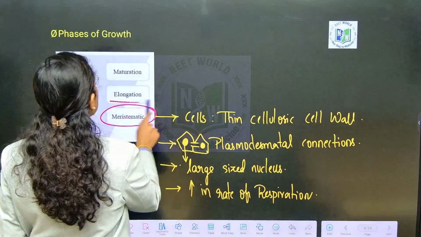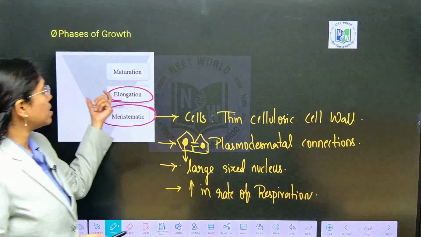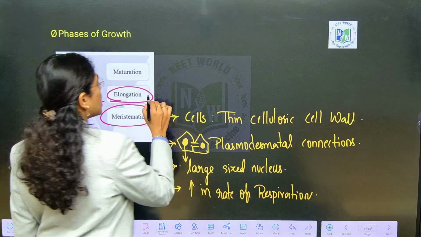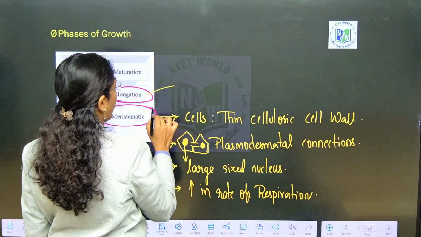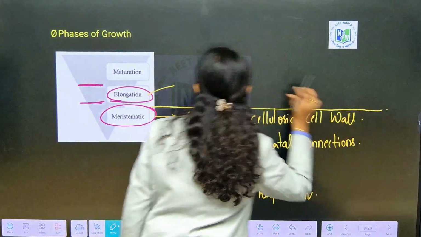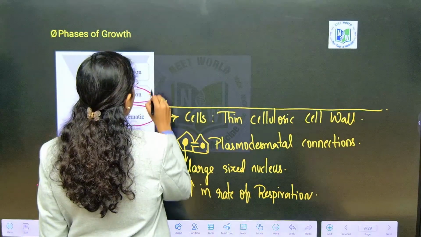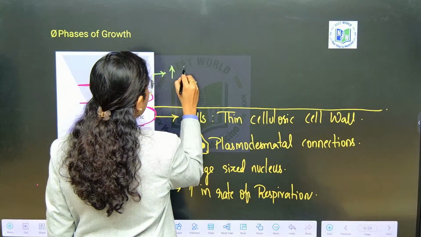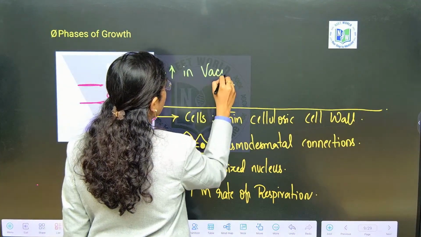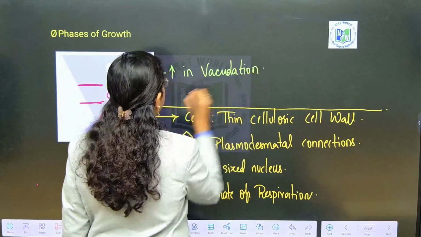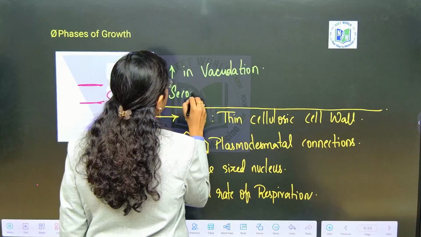And three major changes happen when the cells are present in the elongation zone. Cells will show increase in vacuolation and secondary cell wall depositions will happen.